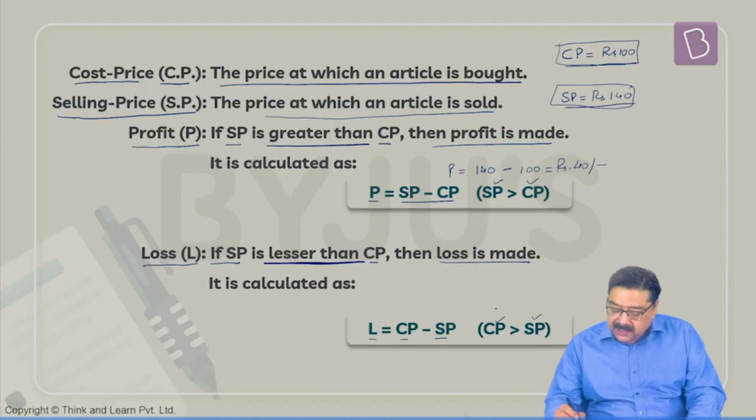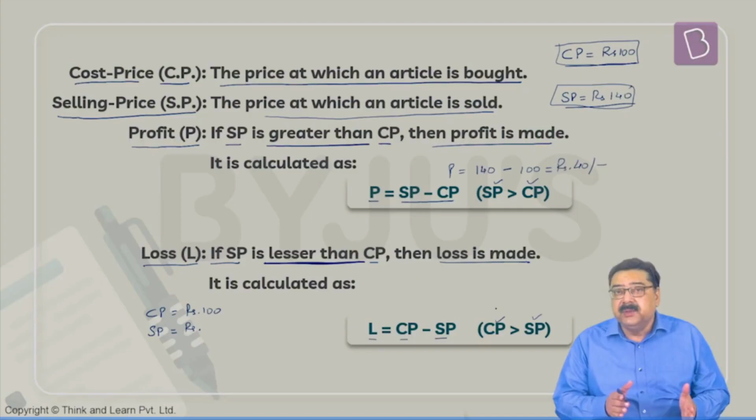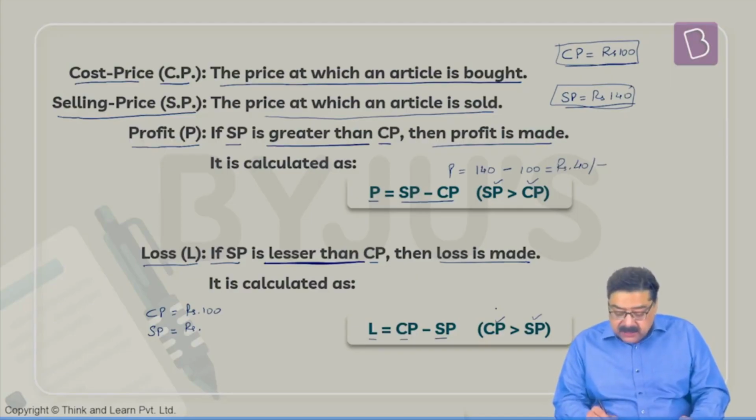So let us say that this item you had bought for rupees 100, you wanted to sell it at a higher price, but you did not get a customer, and now this item is stuck with you. So you compromise and you sell it to someone at rupees 80. So hence 100 becomes your cost price, 80 becomes the selling price. So you make a loss of rupees 20.